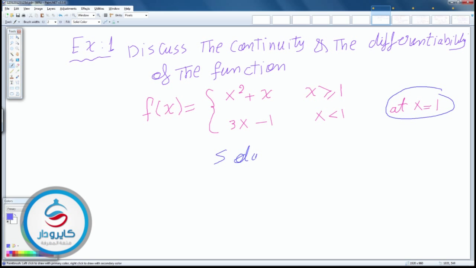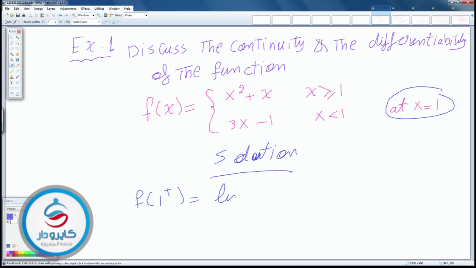This is our solution. First we have to find out if this function is continuous or not. Okay, I will find f of 1 positive, which is the limit as x tends to 1 from the right of x squared plus x.